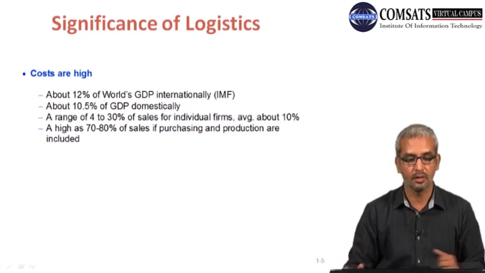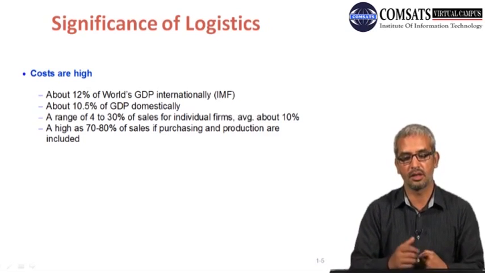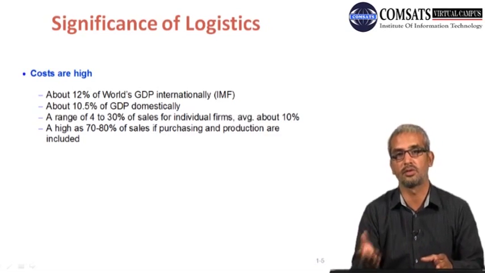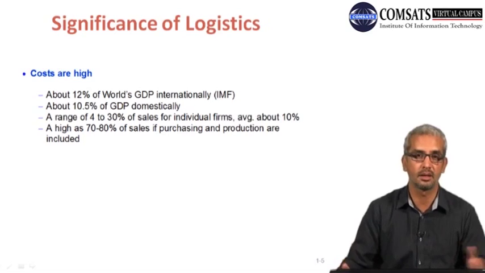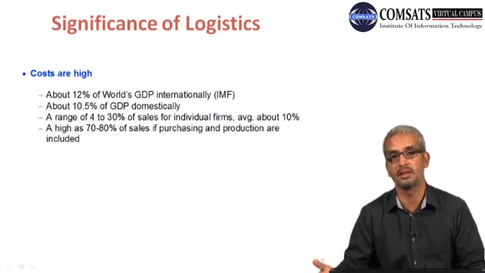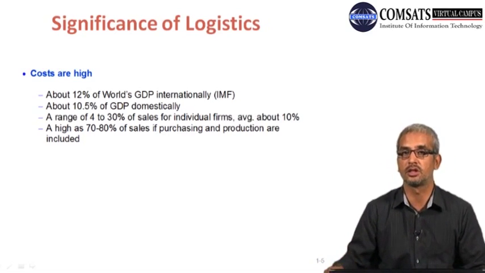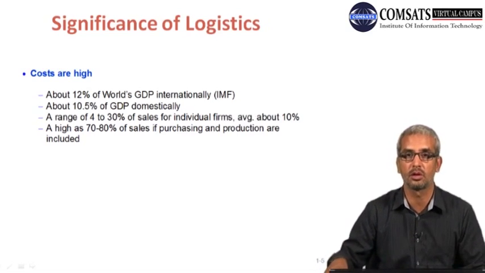For individual firms, the cost of logistics ranges from 4 to 30% of sales. 4% is obviously a low figure, and 30% might be in certain cases, so logistics cost is a significant amount of the total cost of the good being produced and supplied.